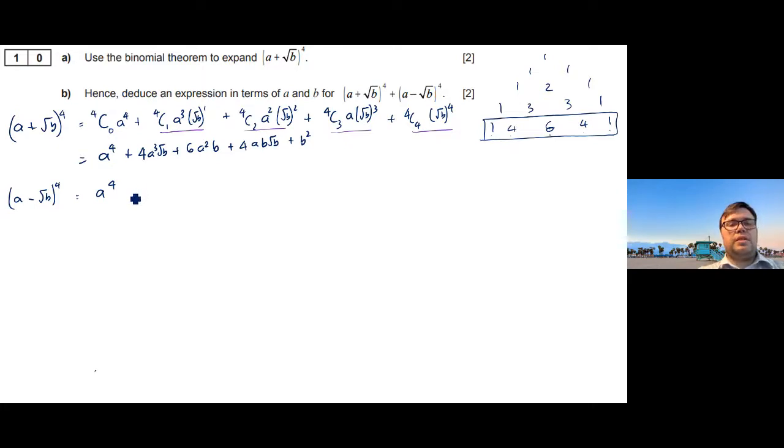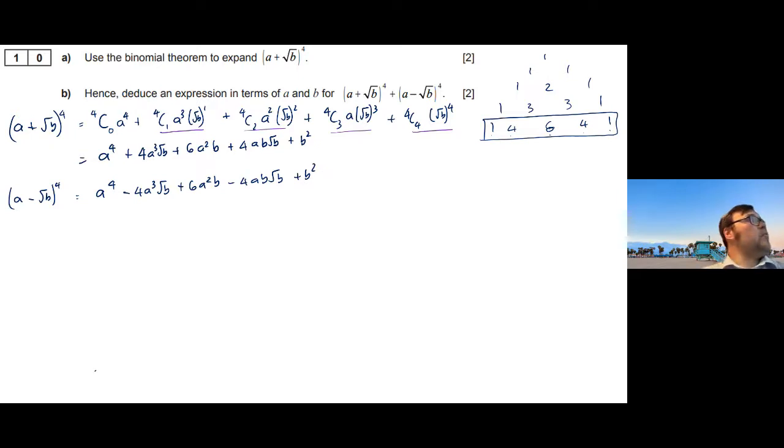So this is going to be the same term, but it's going to be a minus 4a cubed root b. The next one is going to be minus root b all squared. So that's going to be positive. So it's going to be plus 6a squared b. Next one is going to be minus 4ab root b. And then the last one is going to be b squared.